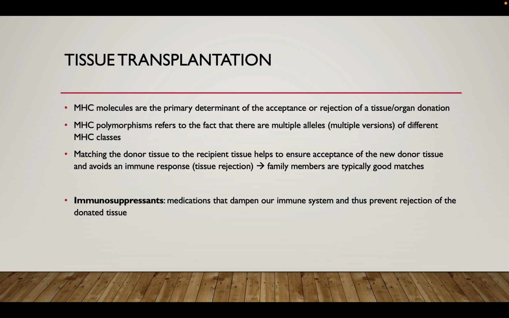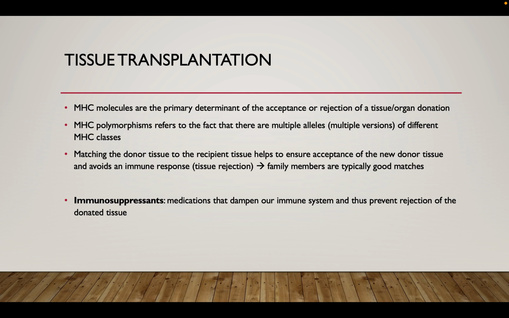And so it is best if you have somebody who is an immediate family member donate an organ or tissue, because they are genetically very similar to you, and you want as many of the proteins on the donor tissue to match those of the recipient's tissue, so you have an increased likelihood of the tissue or the organ actually taking place.